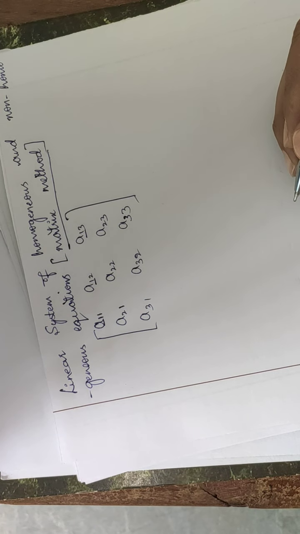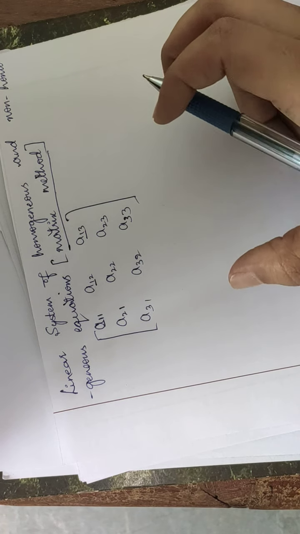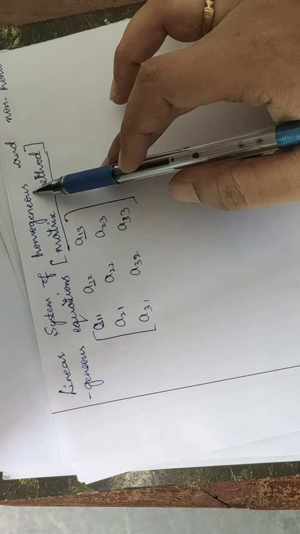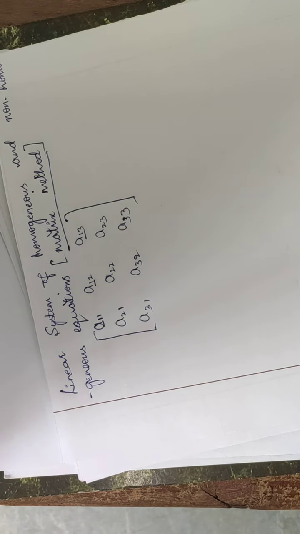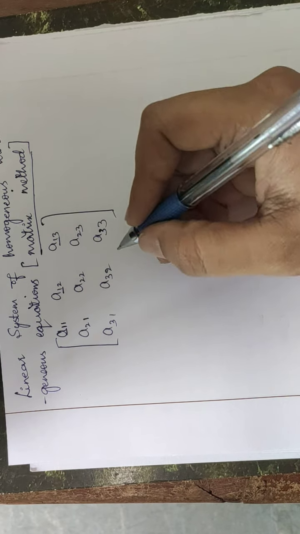So first, since we are discussing this topic under ordinary differential equation, let us define a homogeneous differential equation. Let us consider a system of n linear differential equations of first order.